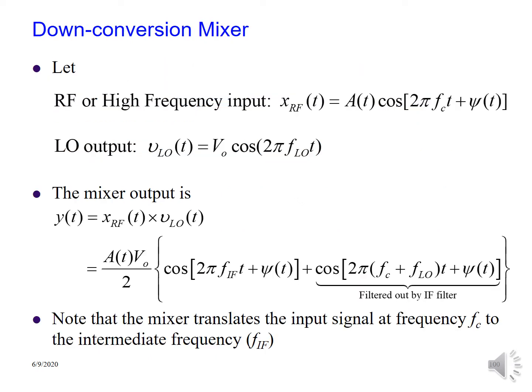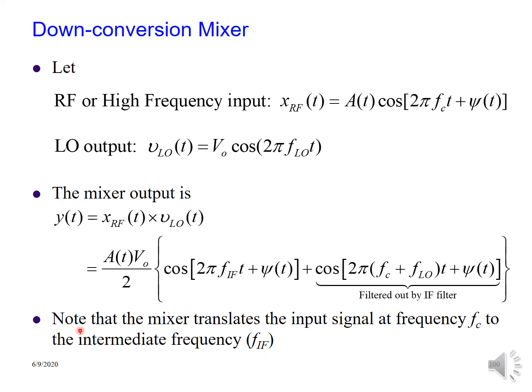So for example, in the first one we have RF equal to A cos 2 pi FC t plus phase here. The LO value is V out cos 2 pi FLO t, where FLO is the frequency of the LO. Now the mixer multiplies RF by LO. We use this multiplication, and then we filter this part.